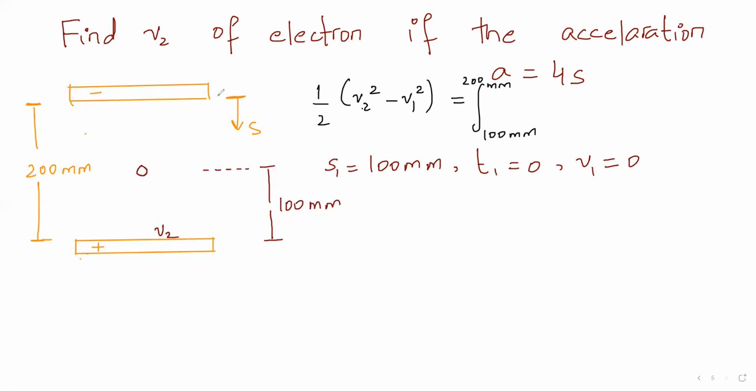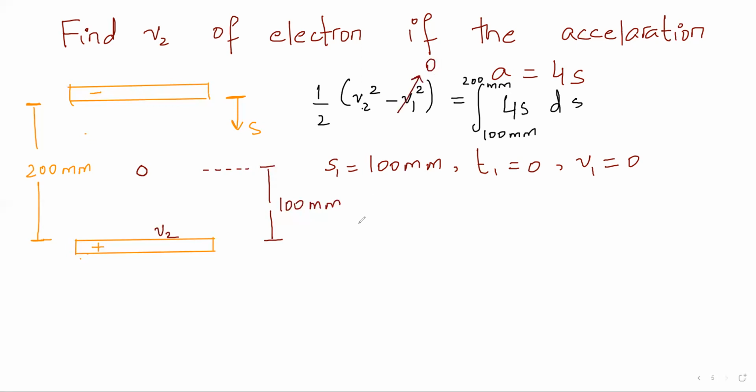S is defined from here, as I pointed to the corner in the first slide. So it's easy to get confused. If S is defined from here, my S1 is 100, my S2 is 100 plus 100, 200. And here you will write 4S ds, and the problem pretty much finishes here.